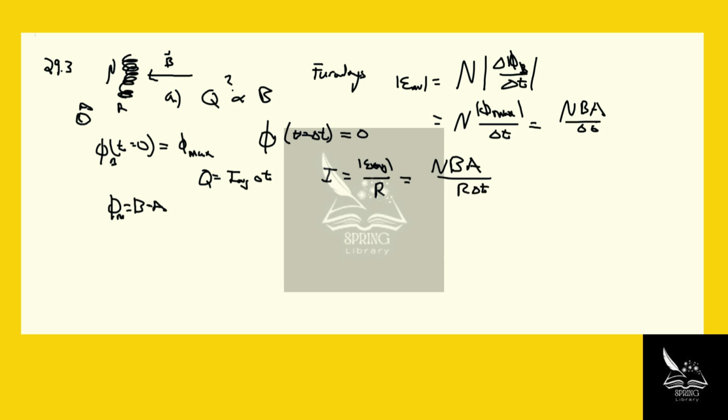This is our average current. Now we plug this back into our original equation, and we know Q is N B A over R. The delta t's cancel out. Awesome. So let's move on to B.